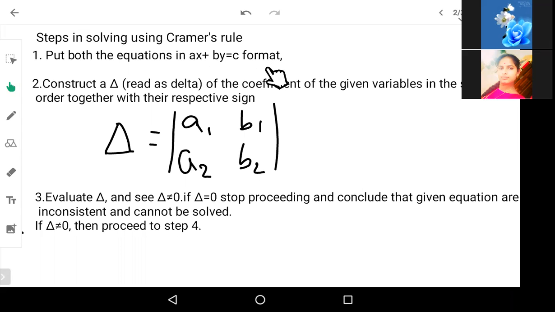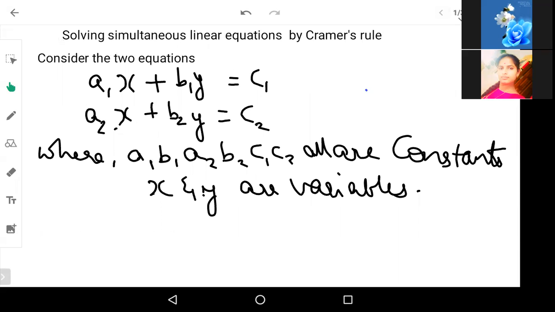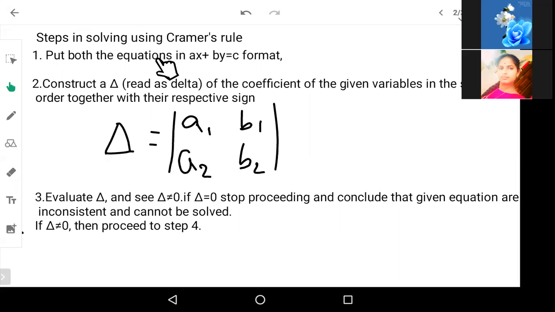There are certain steps to be followed. Firstly, you have to check if the equation is in this format, that is ax plus by is equal to c. So if you see here, you have a1x plus b1y is equal to c1. If we get the equation in this format, then we can solve by Cramer's rule.